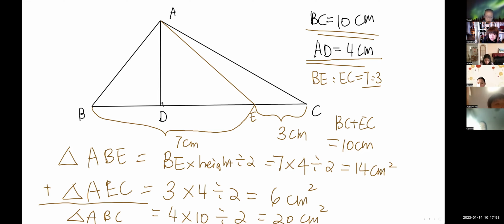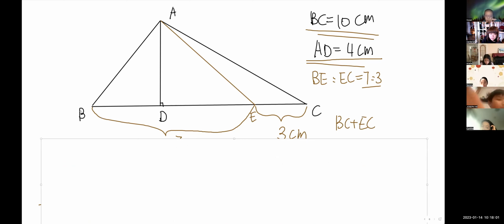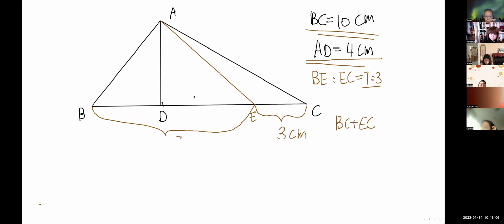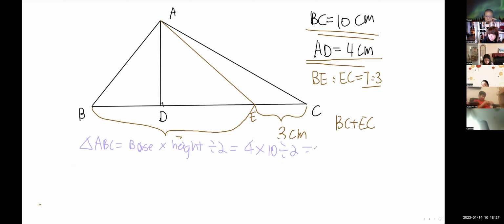But everybody, we have learned different things. What if I give a question that doesn't give you the detailed measurements? For instance, if I didn't tell you the measurements of these ones. First of all, we can calculate triangle ABC equals base times height divided by 2, so 4 times 10 divided by 2 equals what, Serena? 20 centimeters squared, right?